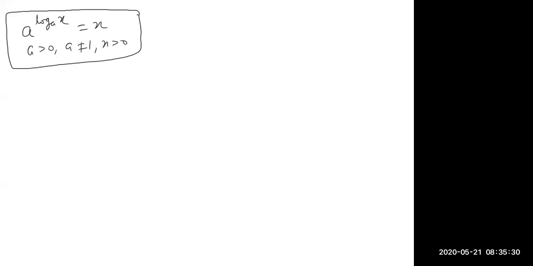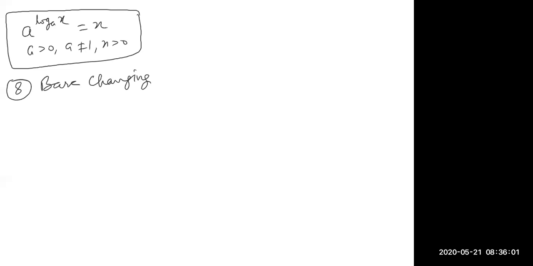Now, seventh or eighth property, which property is now? Eighth property, next. After this, one last property we will have: base changing. This is very, very important.